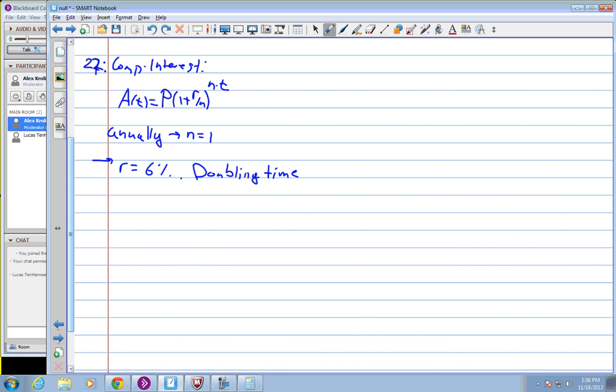But it doesn't work here, because it's not continuous. So right now our model is the principal times (1 plus 0.06) to the power t, since n equals 1. This is our model right now.